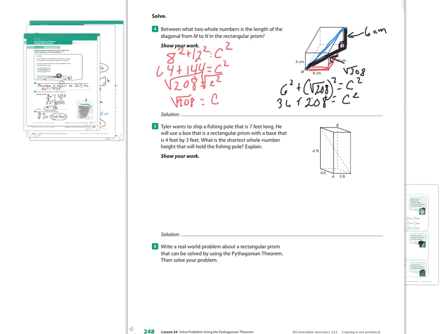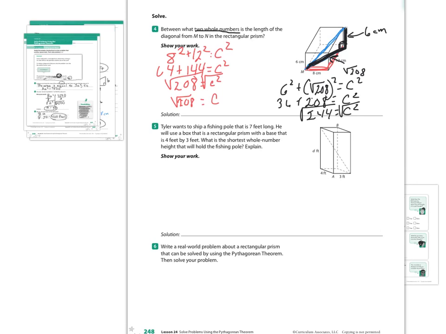Adding those values together, we get a total of 244 equal to c squared. To find the value of c, we take the square root of that equation, and the square root of 244 comes out to be between 15 and 16.